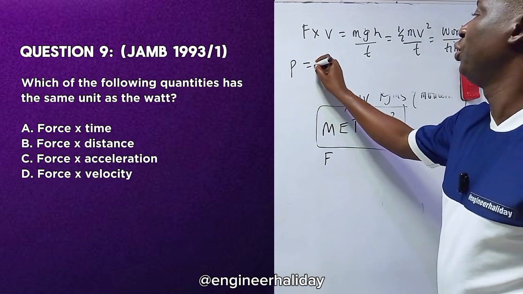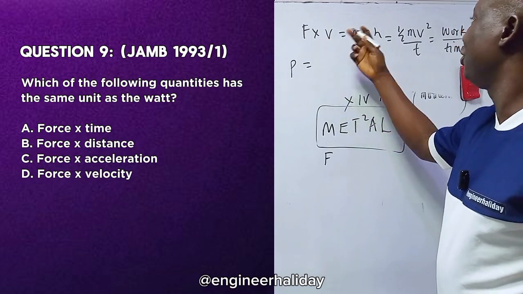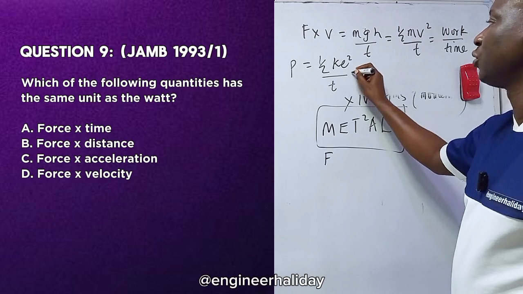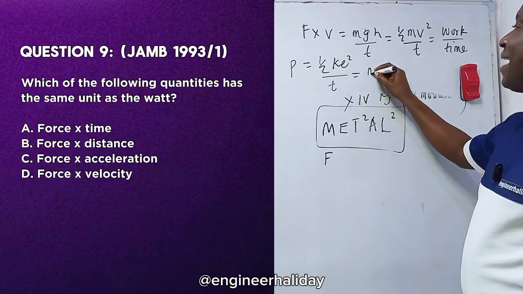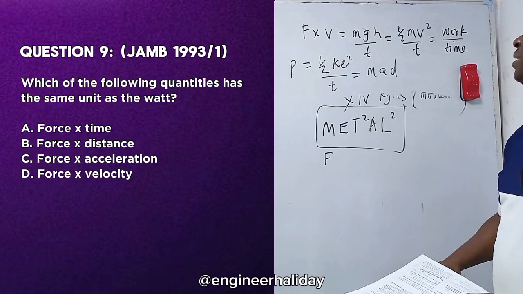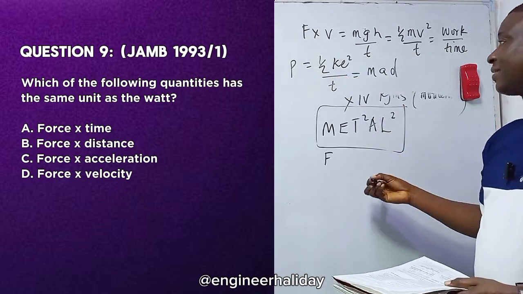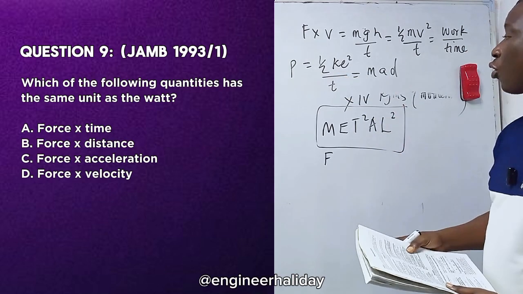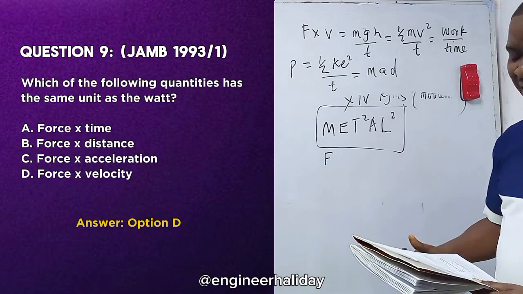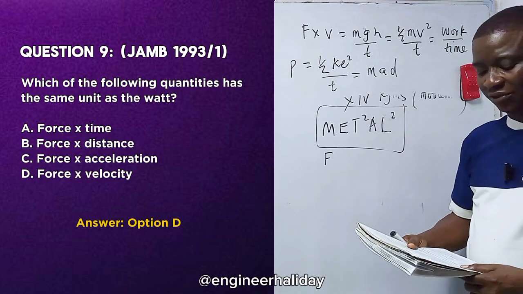Power can also be half kx squared over time, which is rate of work. It can also be mass times acceleration times distance. So these are possible formulas I can list for power that you can take note of. So the force times velocity is the option for number 9.